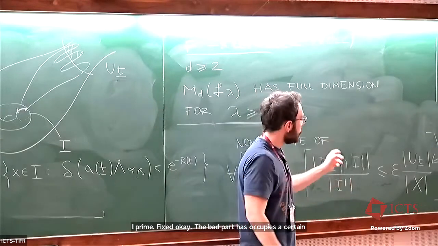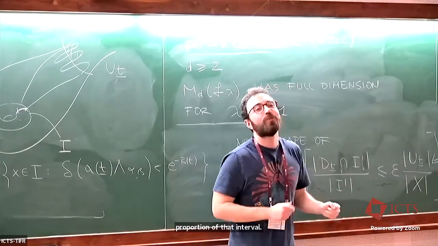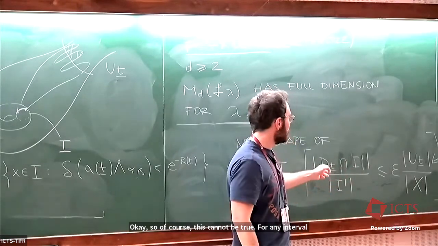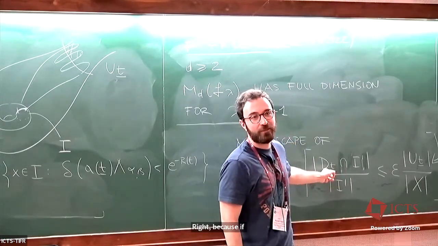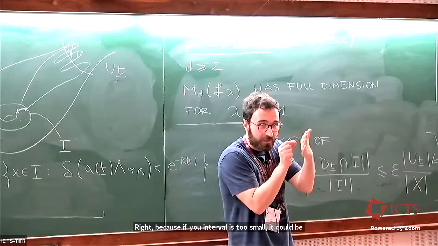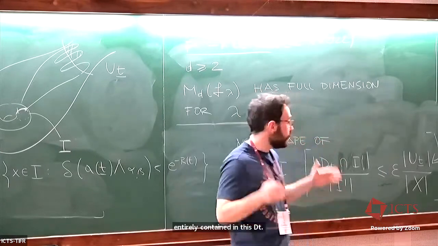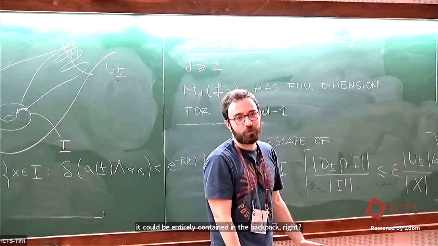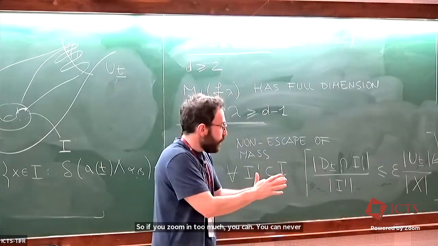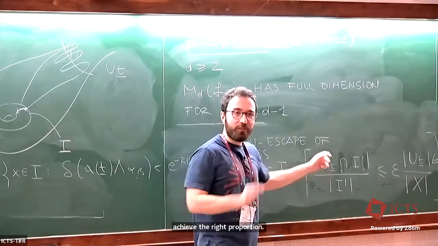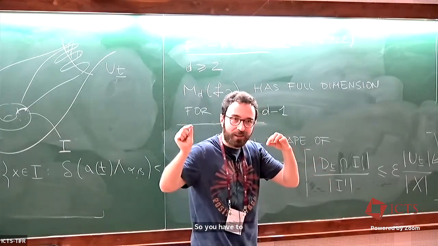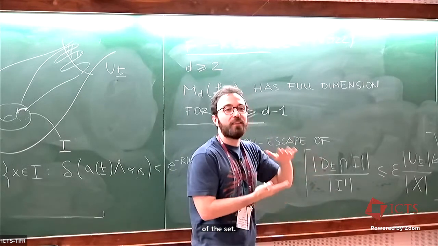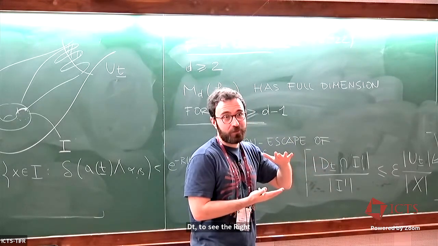Of course this cannot be true for any interval, right? Because if your interval is too small, it could be entirely contained in the bad part. So if you zoom in too much, you can never achieve the right proportion. So you have to be well away from the single components of this set dt to see the right proportion, right? And this is where the log-log factor comes in.